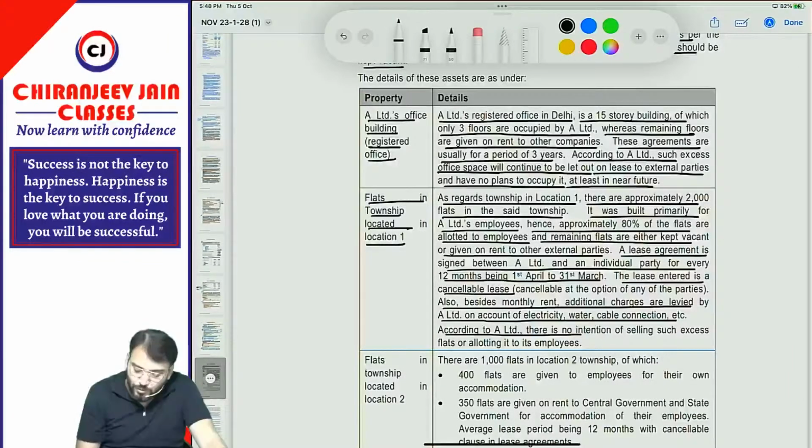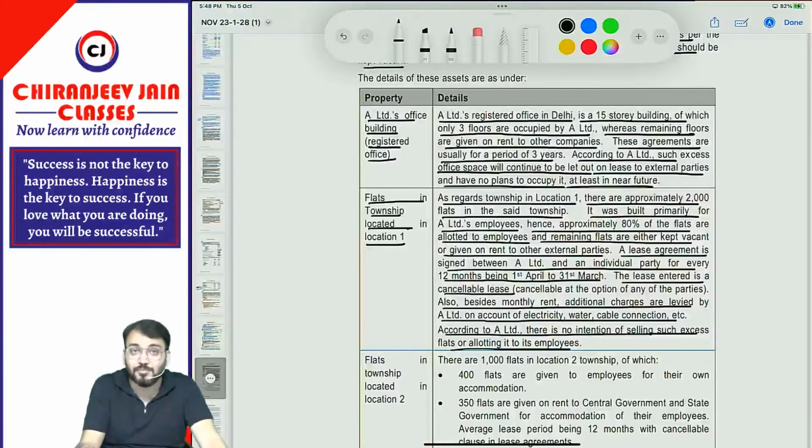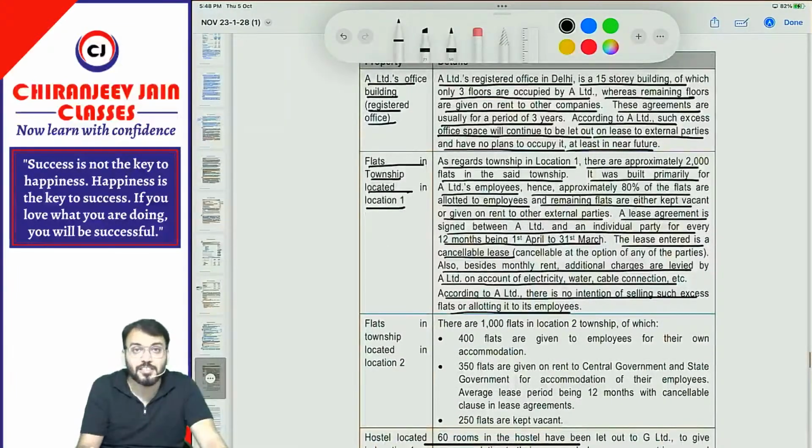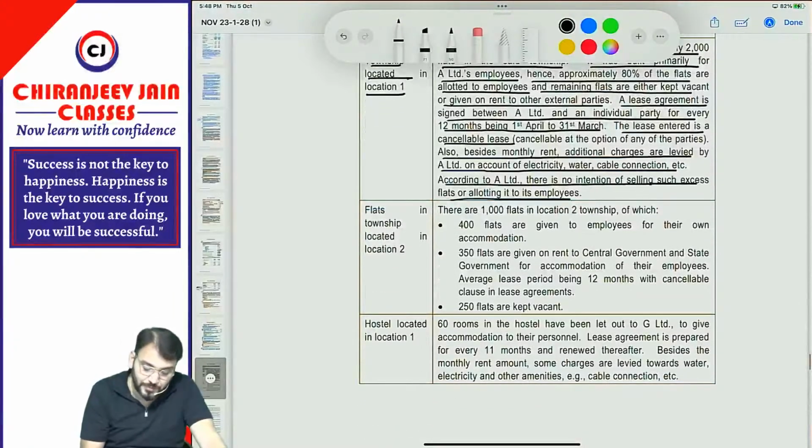According to A Limited, there is no intention of selling such excess flats or allotting them to employees. Can I say that the 20% flats will be classified as investment property because it is given on rent and there is no intention to allocate such flats to their employees? Understood? Yes, sir. Then flats in township located in location 2.